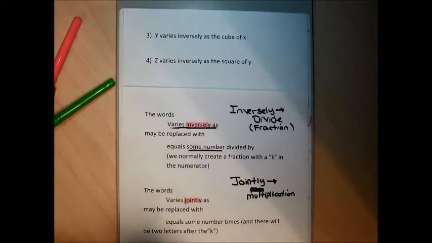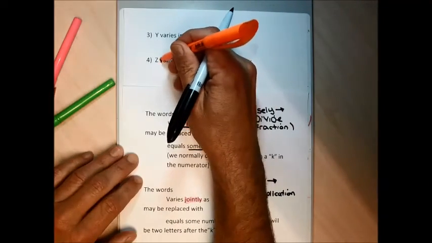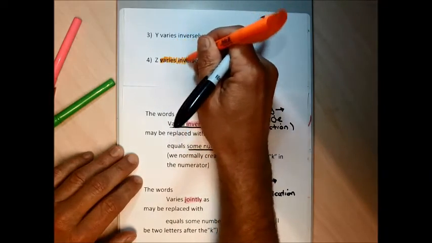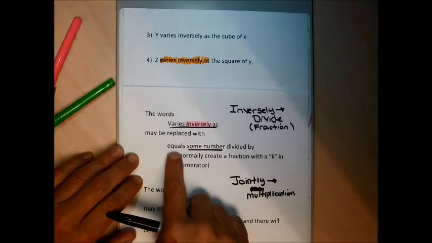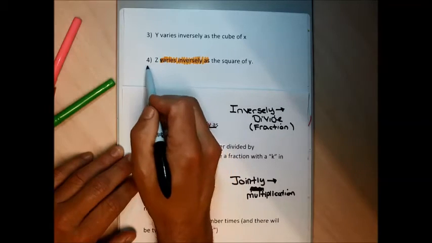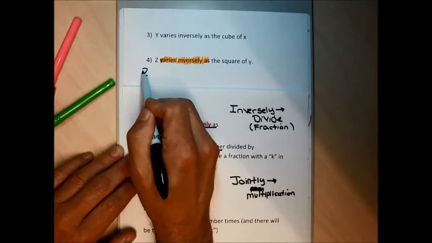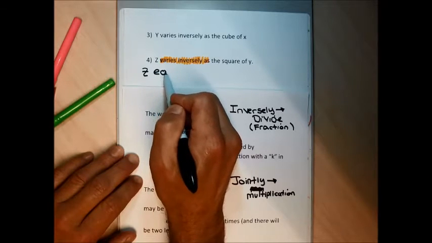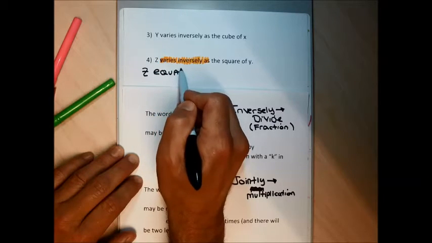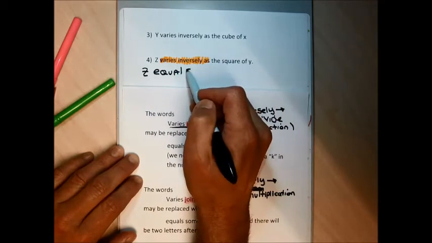First thing I'm going to do is rewrite the problem with words that I understand better. So I'm going to replace the words varies inversely as with equals some number divided by. So this problem, which was given with really precise mathematical words, can be changed into equally precise words but more easily understandable words.